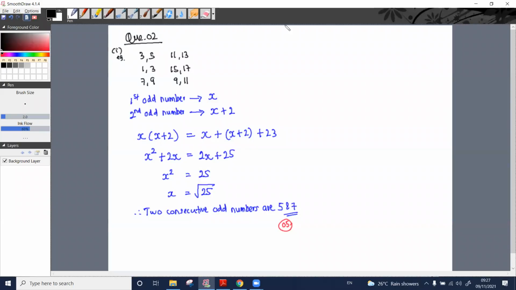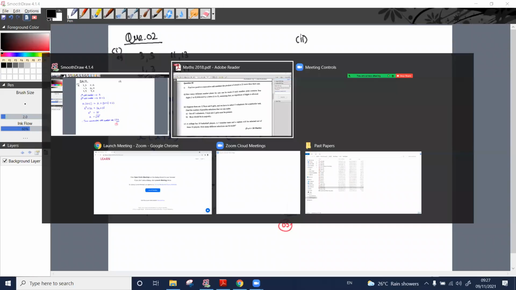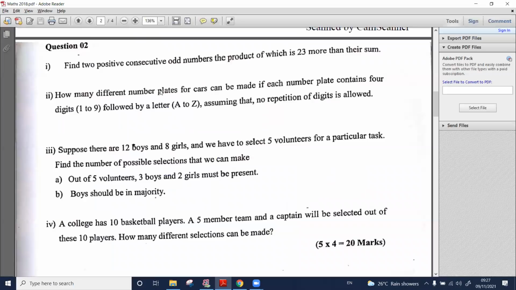Part 2. How many different number plates for cars can be made if each number plate contains 4 digits followed by a letter?